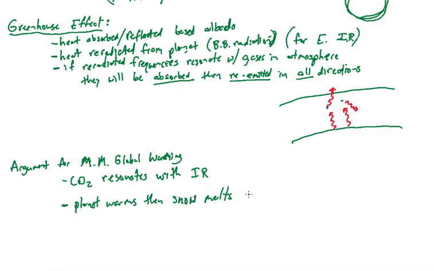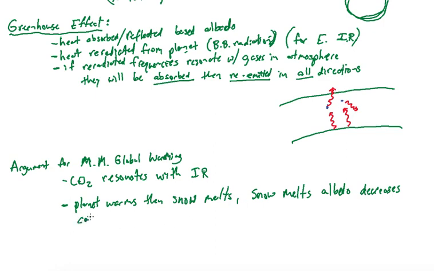Snow melts. As snow melts, the albedo decreases, right? Which means the emissivity increases, right? And if the emissivity increases, then we're absorbing more. Snow melts, albedo decreases, and then the planet warms.